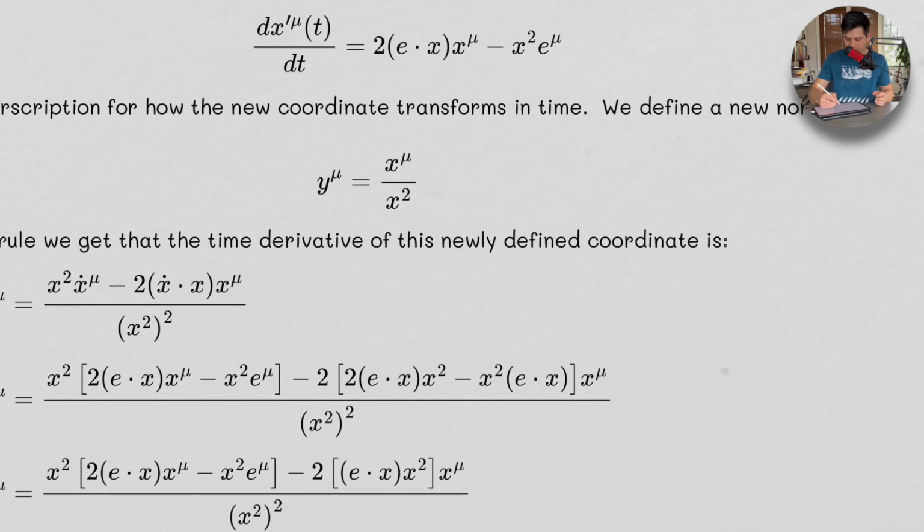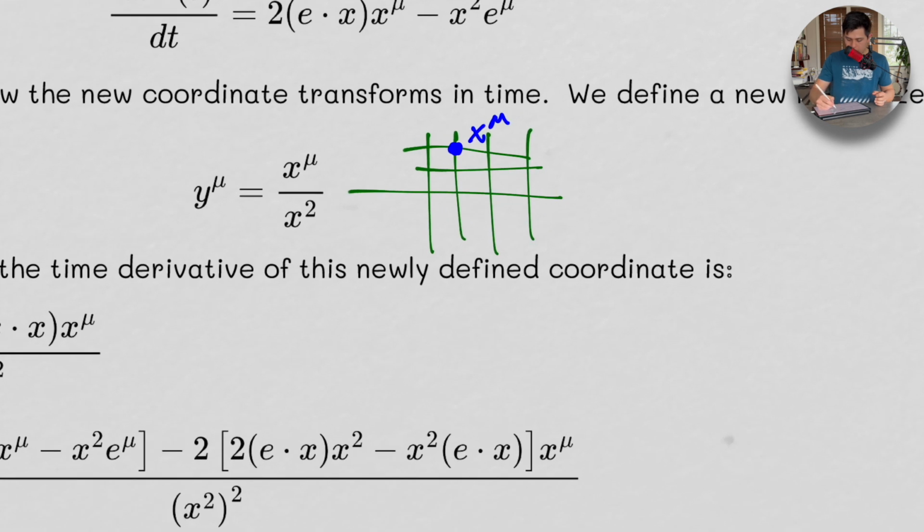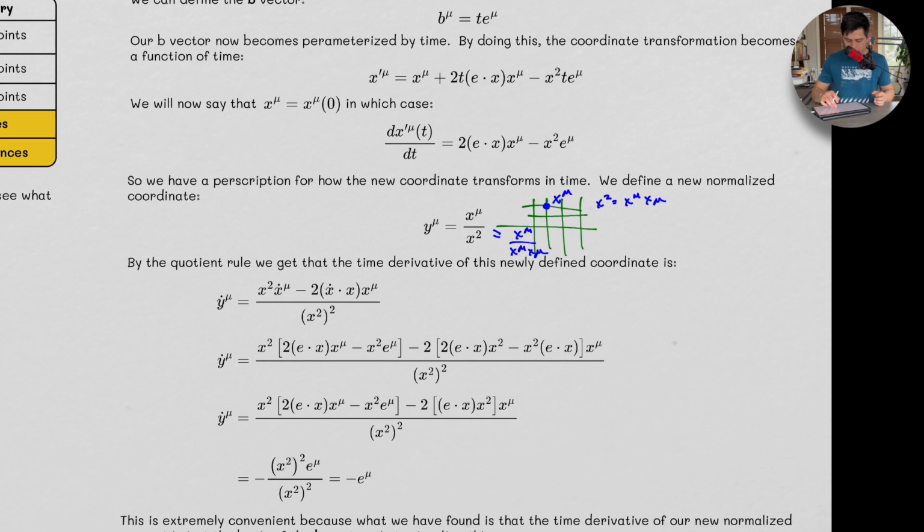So if we have some coordinate, and right, so our coordinate system, say we have a point here. This is x, our point x mu. x squared is just equal to x mu times x mu, right? So this can also be written as x mu over x mu x mu like this. Okay, why do we do this?